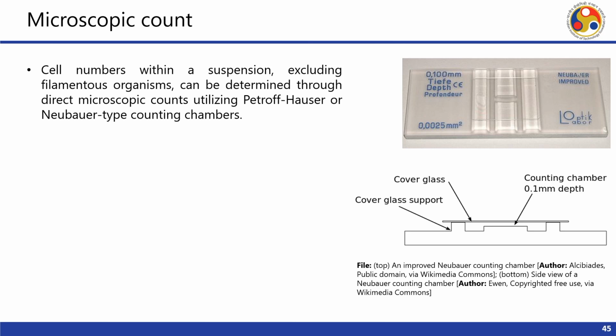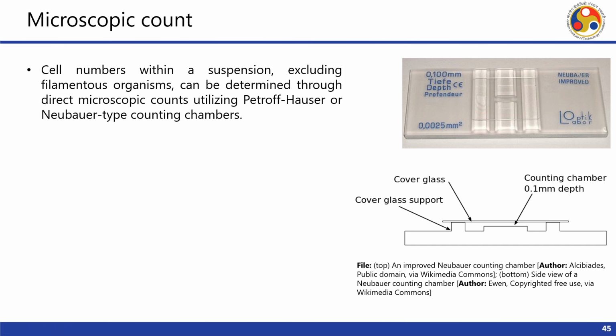Cell numbers within a suspension excluding filamentous organisms can be determined through direct microscopic counts utilizing Petroff-Hausser or Neubauer type counting chambers. This is a Neubauer type chamber, which is of course a modern one, improved.